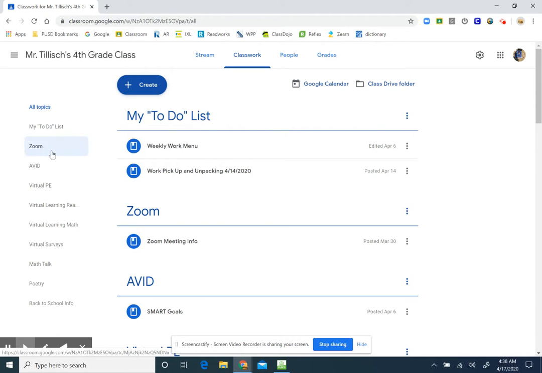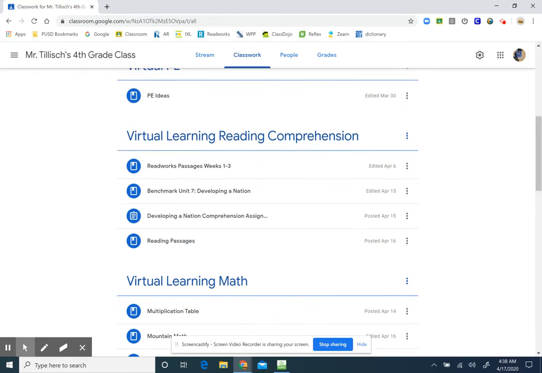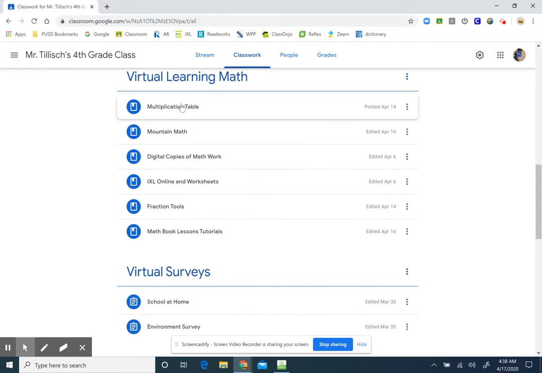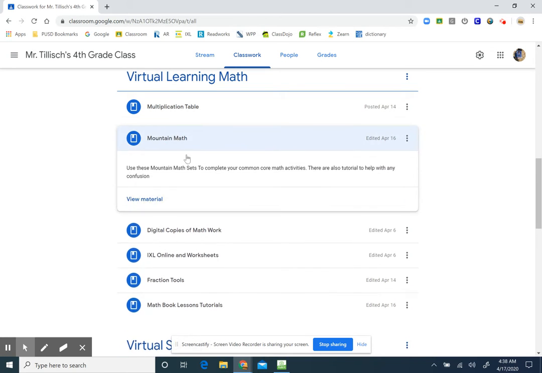We have all topics here on the left hand side. You can click and it'll send you right to it. Or this way, you can scroll on down and you can actually see the topics within the topic of virtual learning math, or at least the materials within virtual learning math. A little bit easier this way, I'm finding. And we can click on Mountain Math.